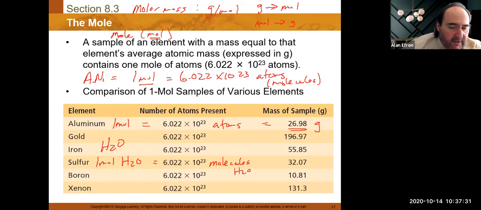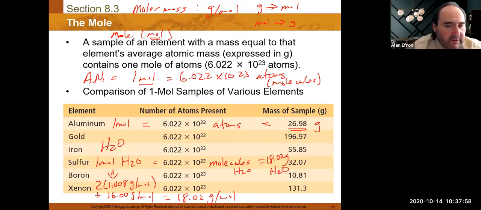And in the case of water, if we needed to figure out how many grams that would be, we would go to the periodic table, and it would be 2 times the 1.008 for the 2 hydrogens, plus the 16 grams per mole for the 1 oxygen. That gives us 18.02 grams per mole would be the molar mass. So in 1 mole of water, there would be 18.02 grams, basically.